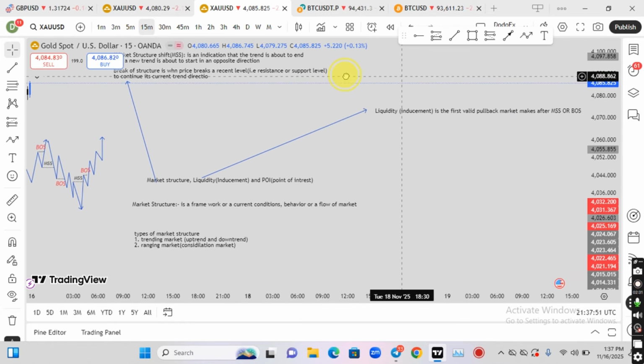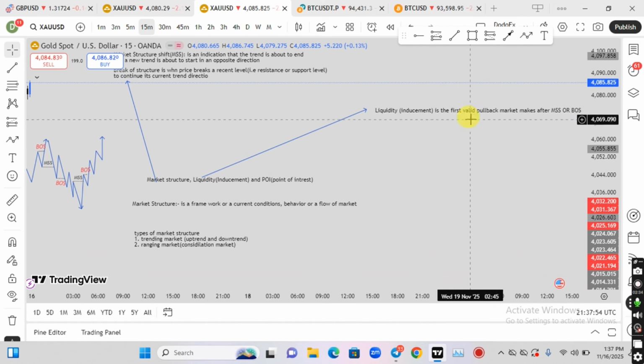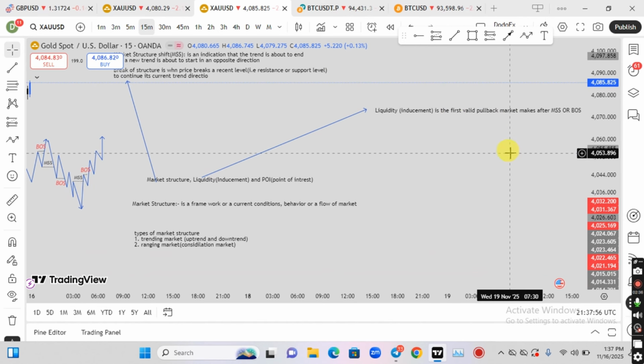The first valid pullback the market makes after MSS or break of structure.